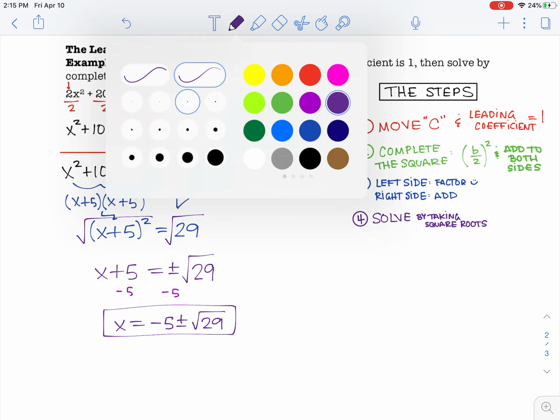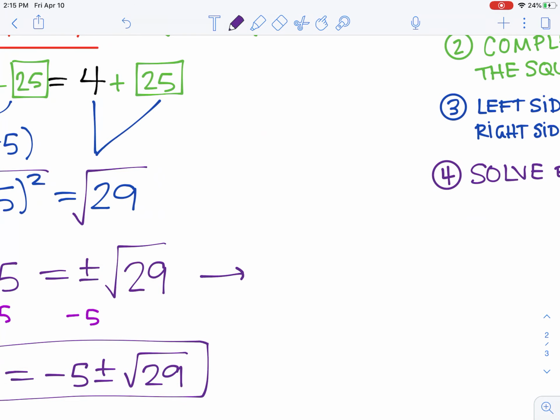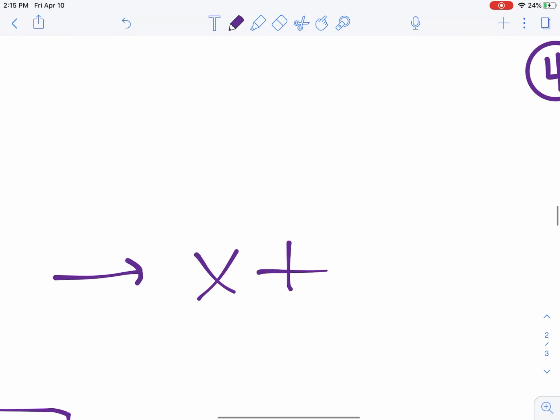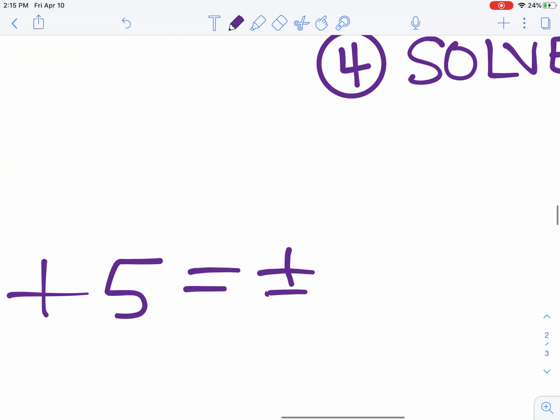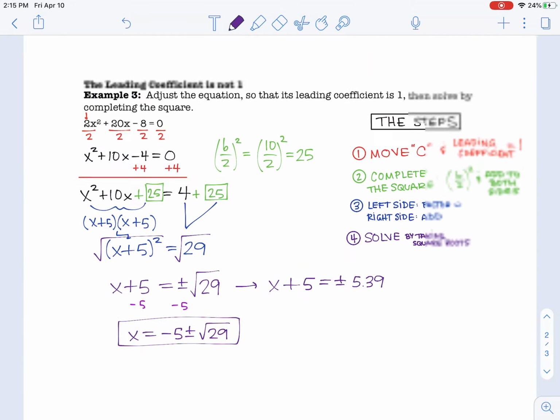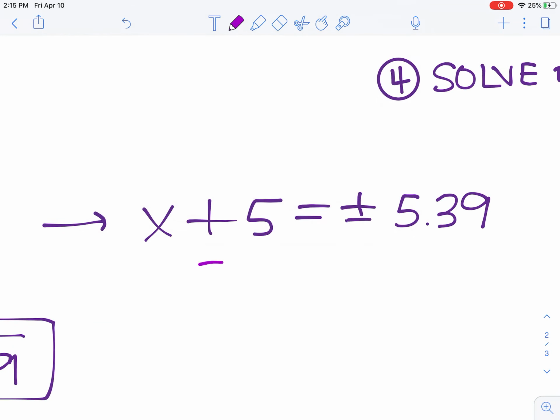If you would prefer to go ahead and take this to more of an approximate, at this stage of the game, you could have written it as its approximate answer. So if we do to the nearest hundredth, we would get 5.39 for the square root of 29. You would still subtract 5 over, and then you would calculate both of the options here.